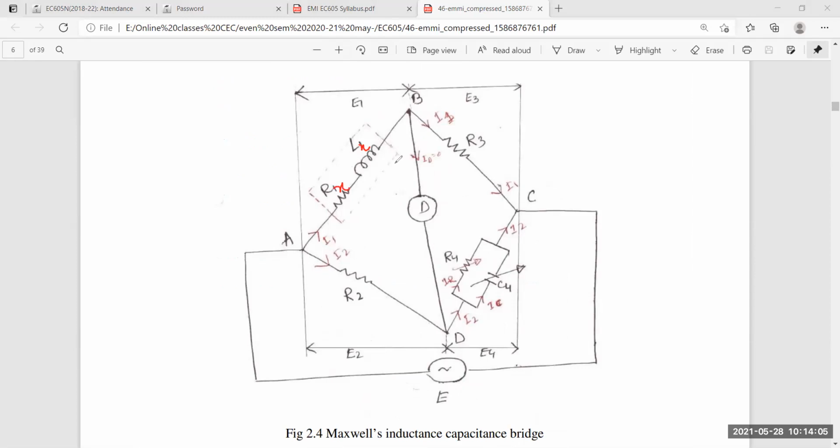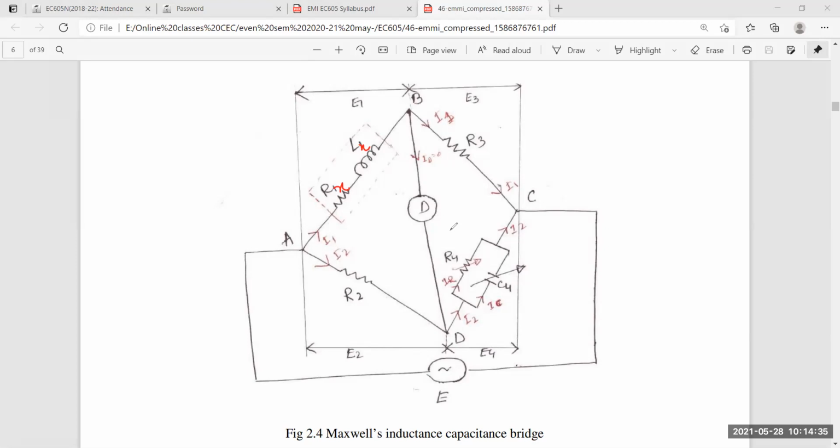In this bridge arrangement, the value of unknown inductance is measured. This arrangement is all about the Maxwell inductance capacitance bridge, where the unknown inductance is measured by comparison with a variable standard capacitor, because it's an inductance capacitance bridge. In this figure, I'll show you the phasor also.